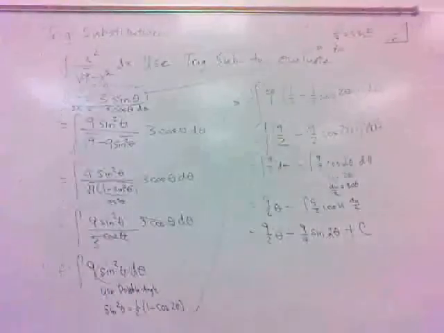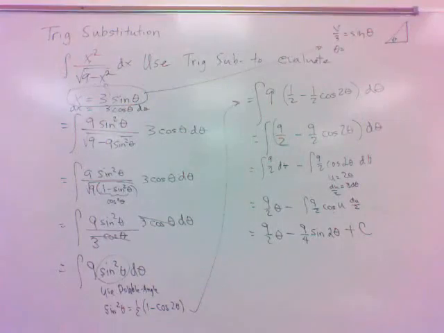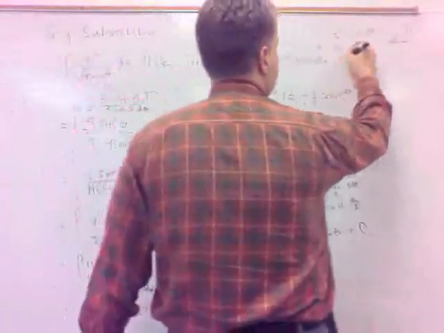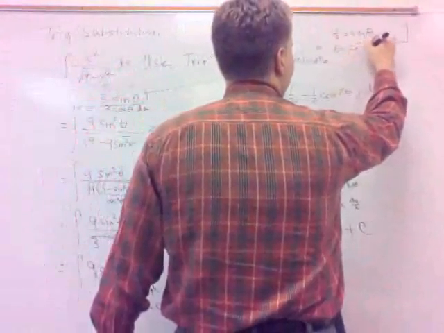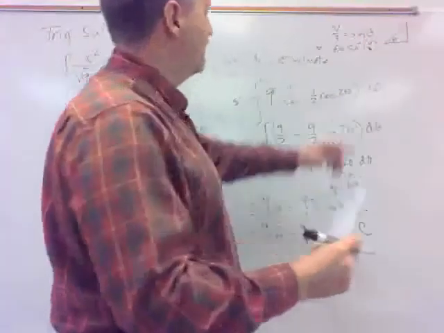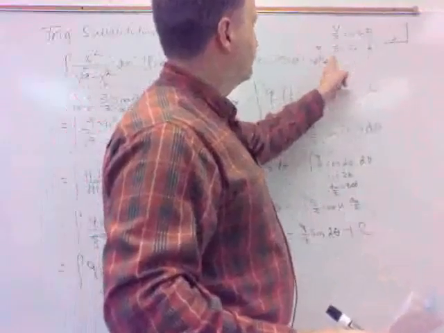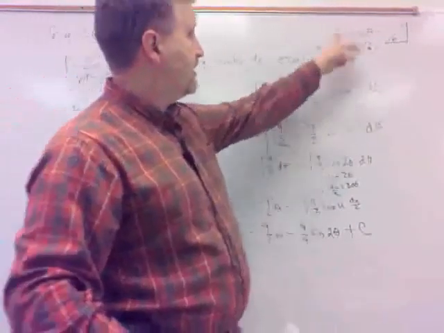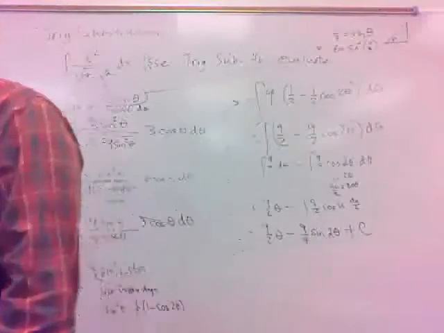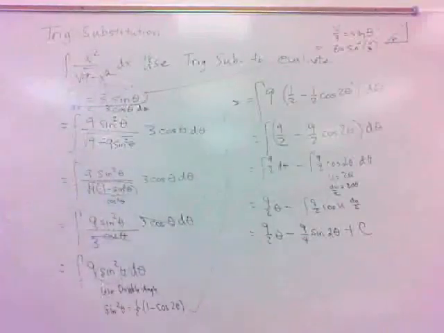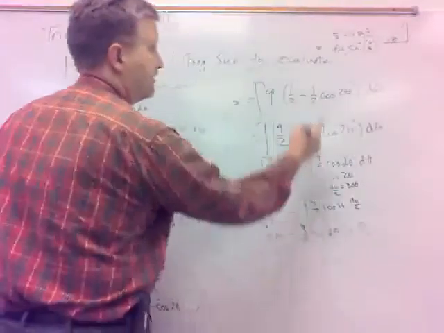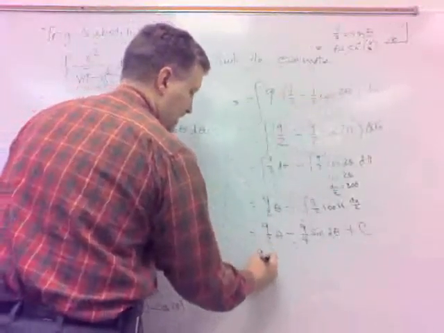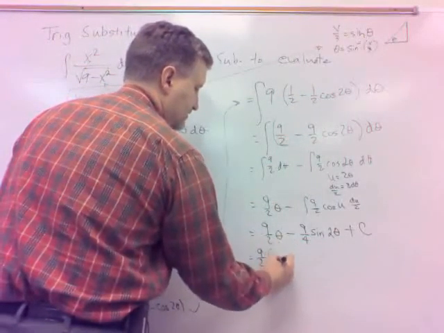Wouldn't theta be the inverse sine of x over 3? I'm wanting to know this angle, right? Yeah, it's just sine inverse. Okay, so that's going to go in for theta. Sine inverse x over 3. 9/2 sine inverse x over 3.